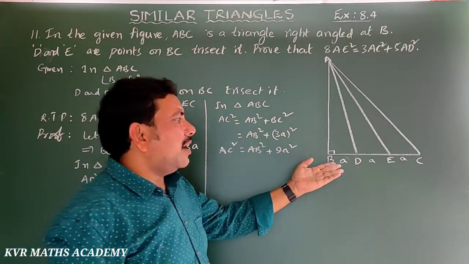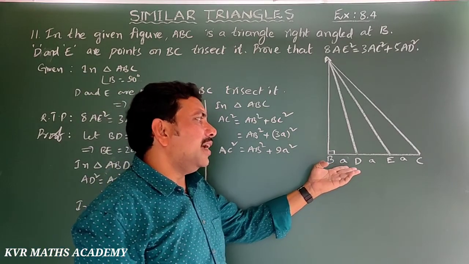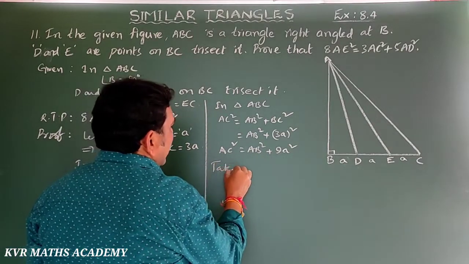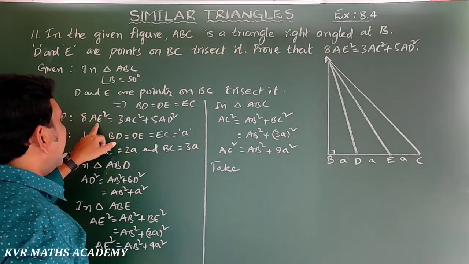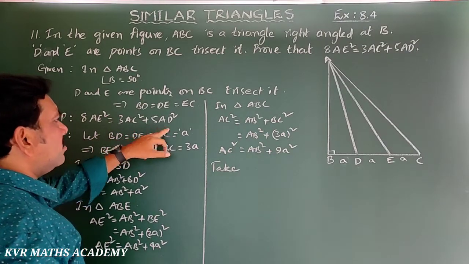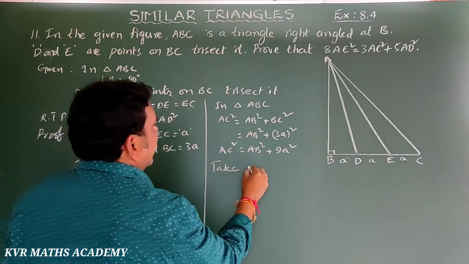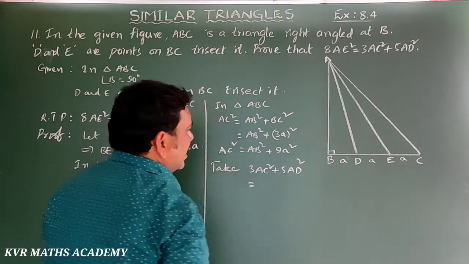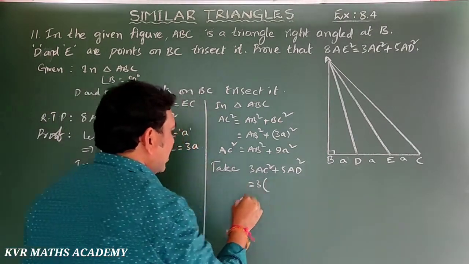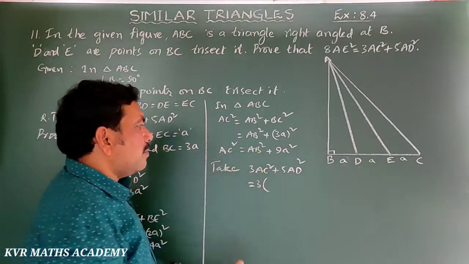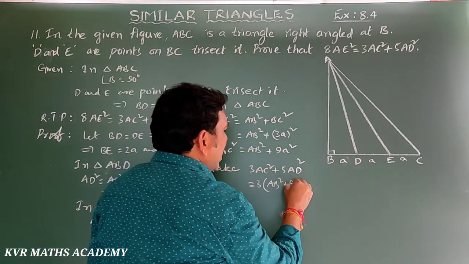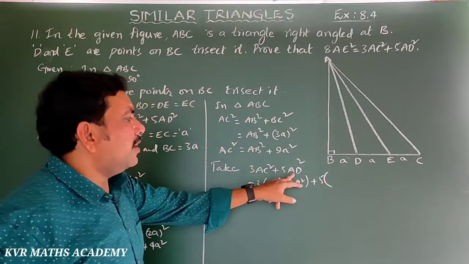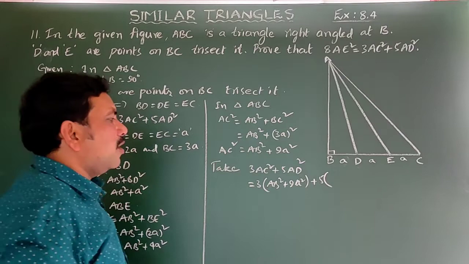Why? Because we have taken small a as the side, BD equal to DE equal to EC. That's why. Now take here, 8AE square is equal to 3AC square plus 5AD square. Take the RHS, 3AC square plus 5AD square, which is 3 into AC square, that is AB square plus 9a square, plus 5 into AD square, that is AB square plus a square.